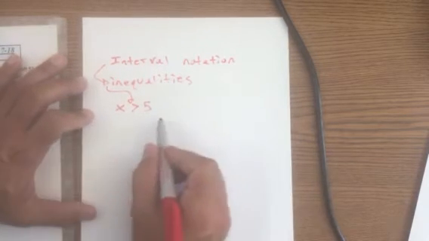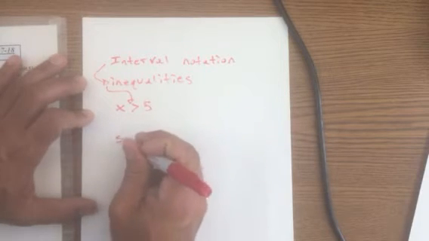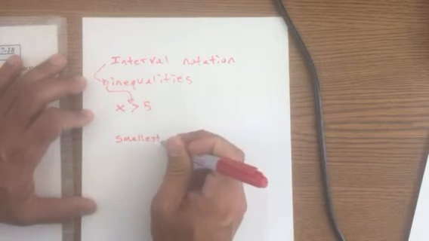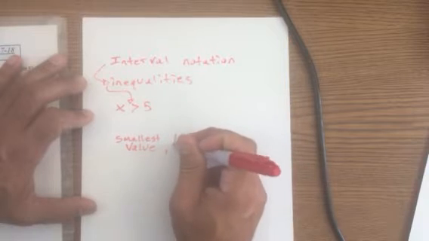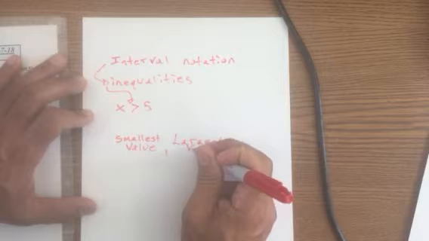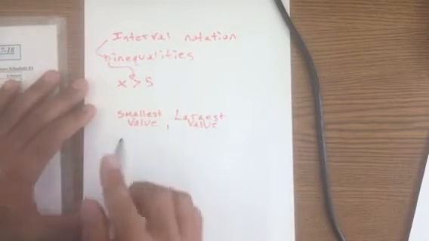The way that I show that x is greater than 5 is I'm going to go from the smallest value to the largest value. And we put a comma in between, okay?